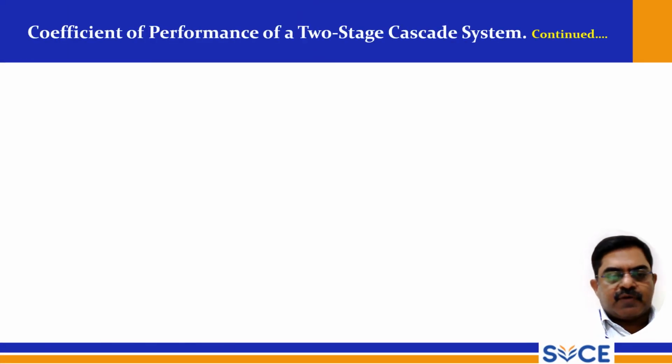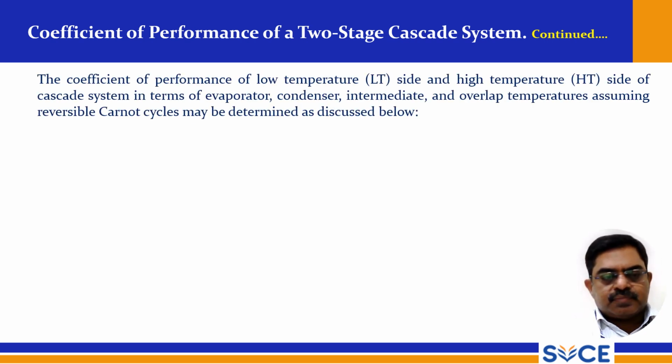So coefficient of performance of a two-stage cascade system. The coefficient of performance of low temperature side, that is LT side, and high temperature HT side of a cascade system in terms of evaporator, condenser, intermediate and overlap temperatures, assuming reversible Carnot cycles, may be determined as below.